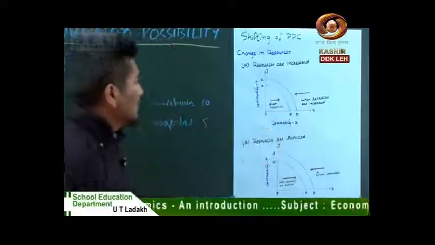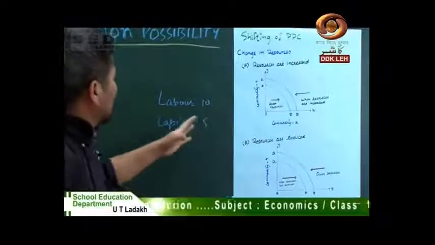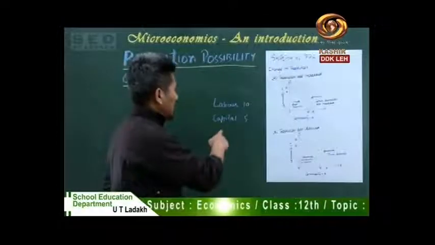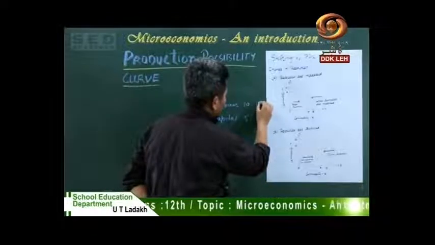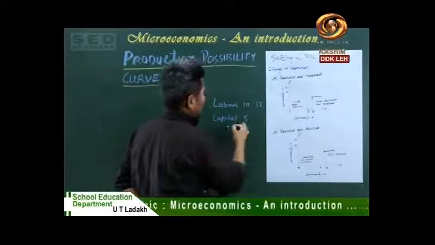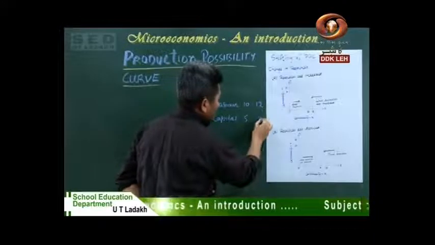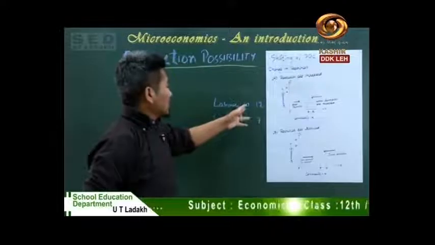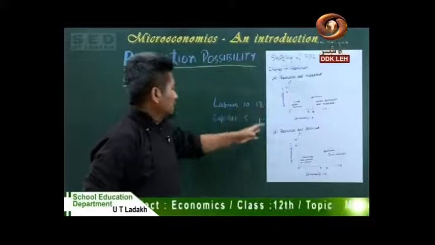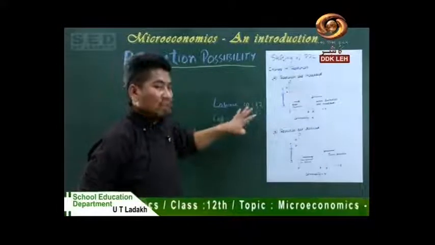Now there is an increase in resources. Say now there is an increase in the number of labor from 10 to 12, or the number of capital from 5 to 7. It means our resources have increased, from 10 to 12 and 5 to 7. It means the whole resources have been increased.